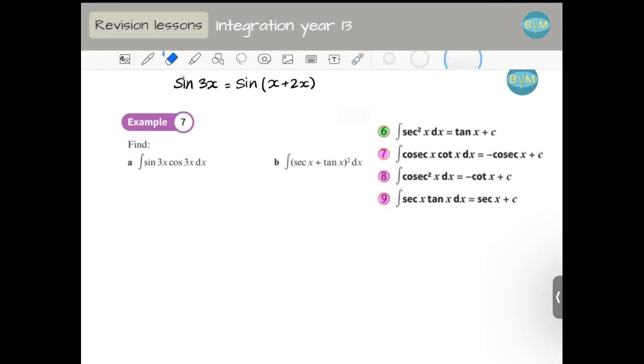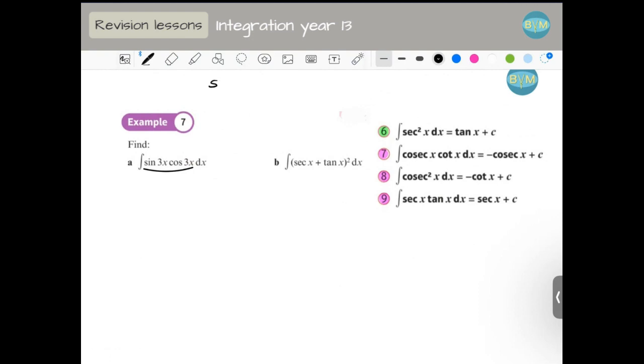Joseph, what would you do? Could you write it as, using sine 2x equals 2 sine x cos x, a half sine 6x? Exactly, that's it. So I'm going to put these two together. I'm going to collapse them into sine 6x.